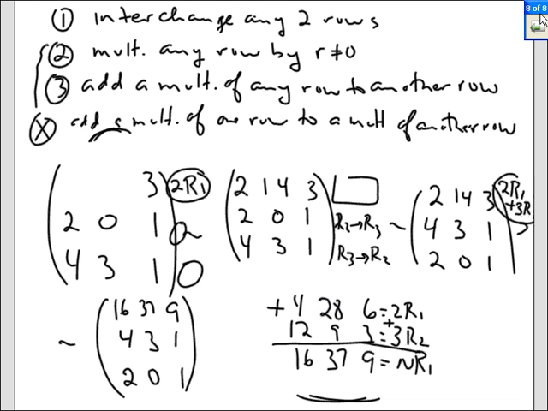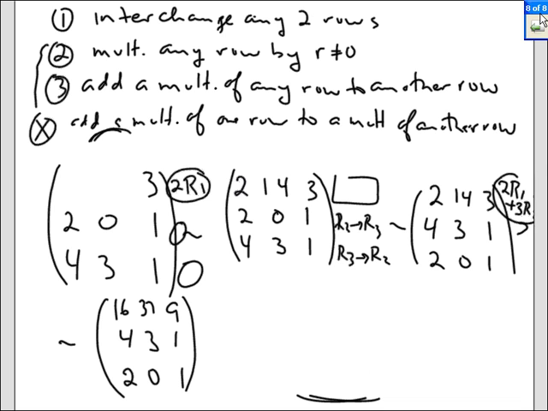Do you have to do all 3 of them? No. Any number of them. You can do some operations 3 times, 4 times. You can do some of these elementary row operations just 1 time. For example, here's a new problem.